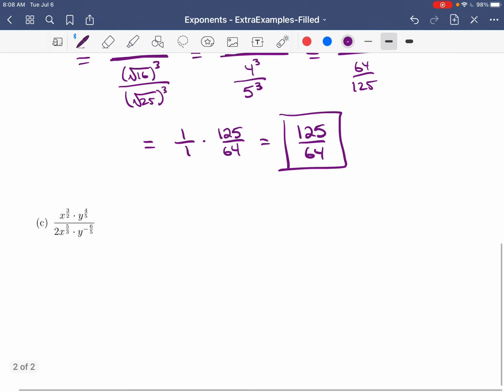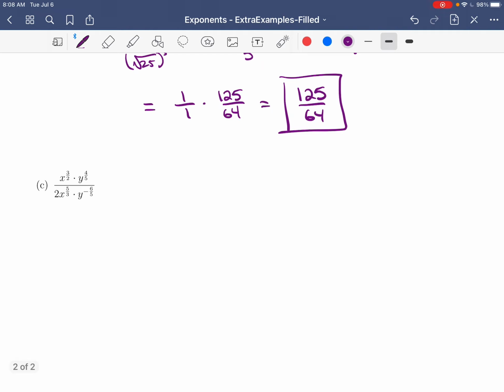Okay, last one here. So here I have a couple of x's, couple of y's on a fraction, okay? So because everything's multiplying, I could rewrite this just with the numbers times the x's times the y's. Okay, now the reason I did that is so when I'm going to use my exponent rule.